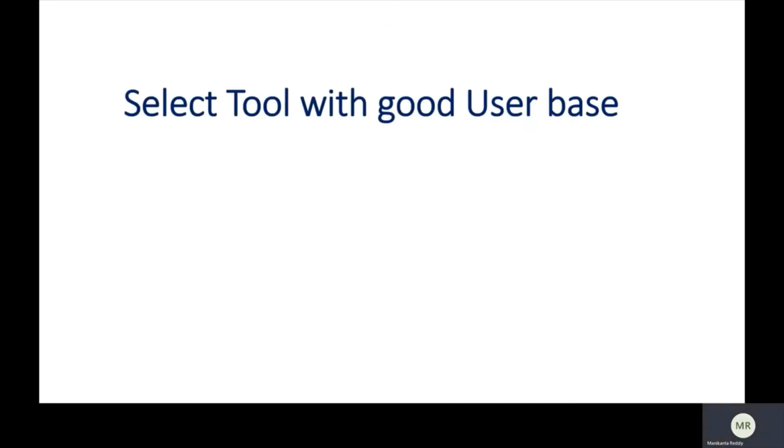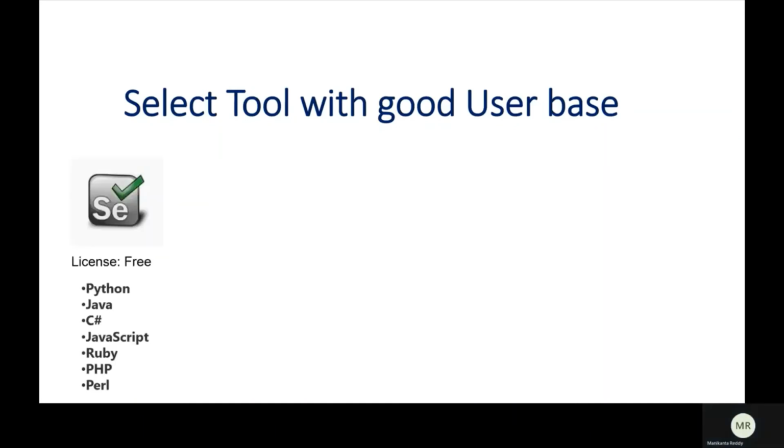And next one, once you have decided to start web application automation, you should select a tool with a good user base. Because if you select a tool which does not have a good user base, then you won't have good online support. So whenever you get blocked, you don't have much support available online. So you should select a tool with a good user base, like Selenium.